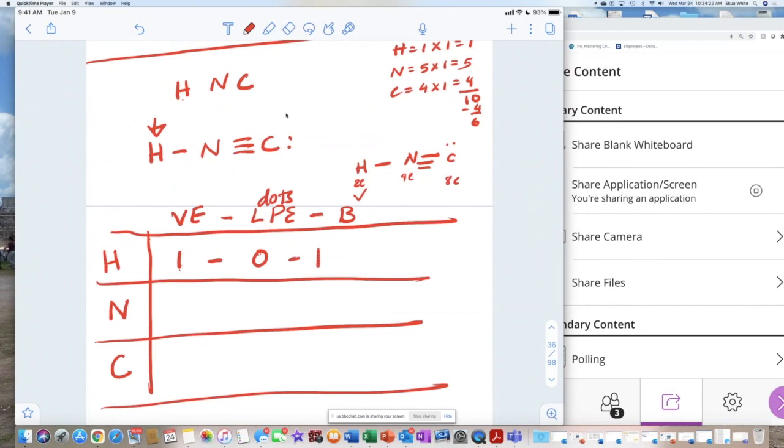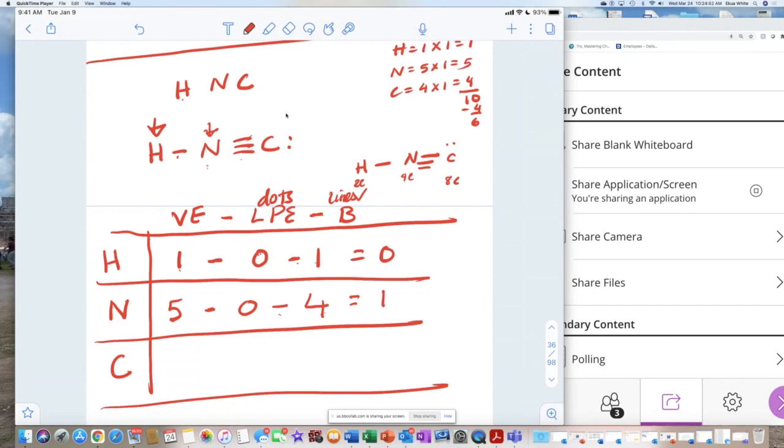Number of bonds, 1. 1 minus 0 minus 1 equals 0, just like what we saw before. Okay, next one. Nitrogen. Valence electrons, 5. Number of lone pairs, I see none around this, right? So there's 0. Number of bonds, which is the same thing as number of lines. This is 4, right? 1, 2, 3, 4. Okay. 5 minus 0 is 5 minus 4 is 1.